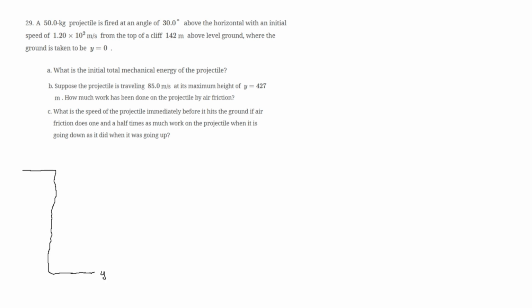Now we are firing the projectile from the cliff, and it's fired at an angle of 30 degrees with respect to the horizontal, with an initial speed equal to 1.20 times 10 to the second meters per second, so it's going to be 120 meters per second, basically.